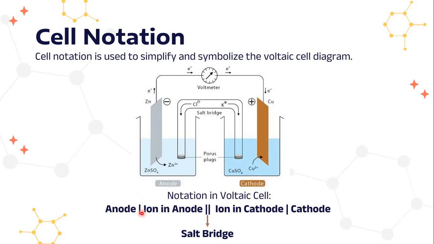After the line, you write the ion that is produced in the anode, for example Zn2+, or zinc 2 plus. So you can write zinc 2 plus like this.